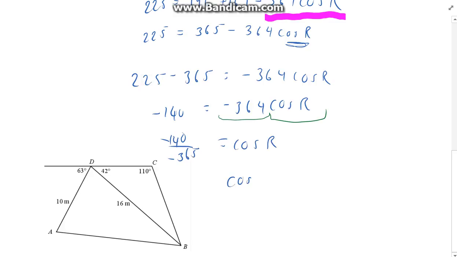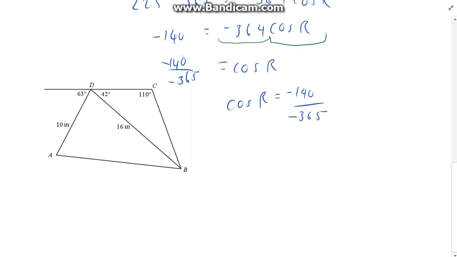So cosine r is equal to minus 140 divided by minus 365, which is obviously going to give a plus because that's two minuses. We're trying to find r, which is an angle, and anytime we're trying to find an angle, we use the inverse, because the cosine has to cross the equals. So it's inverse cosine of minus 140 over minus 365.